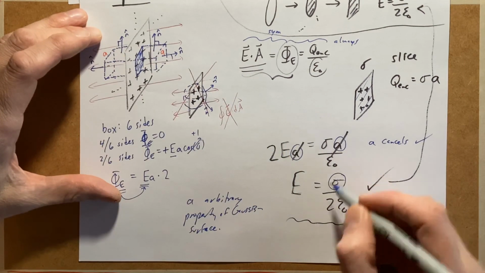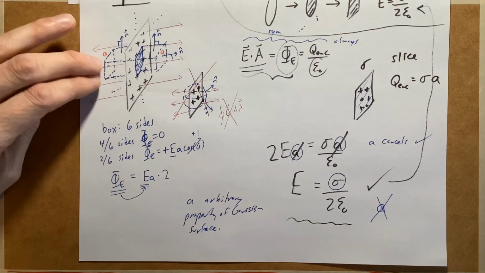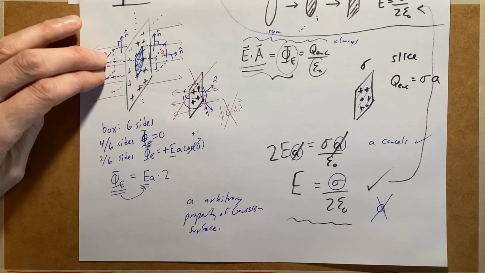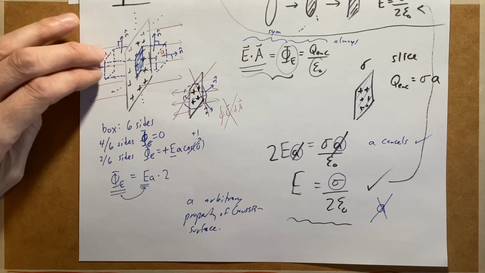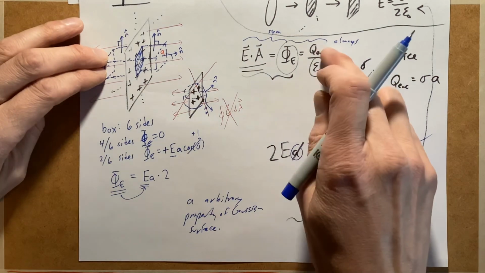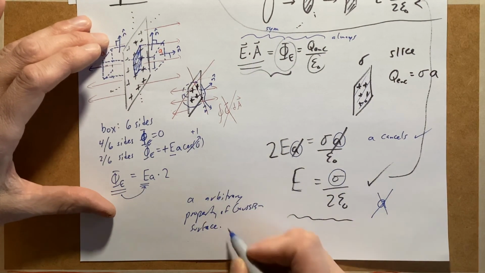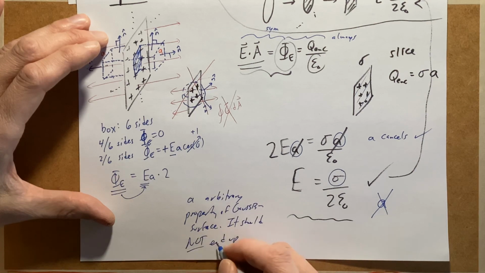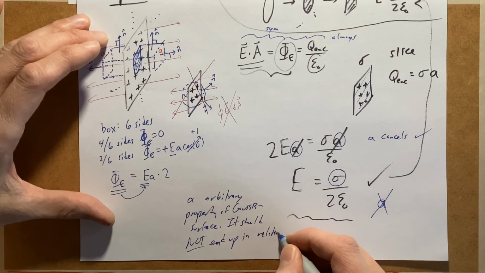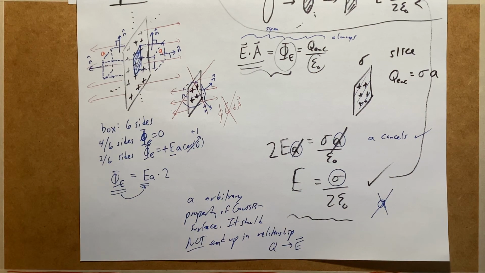It's a sigma infinite plane, and it makes a field whether or not we're coming around to use Gauss's law or anything to determine that field. Gauss's law is just a tool, so we put this box in here to sample it and relate the charge to the field, but afterwards we clean up after ourselves. A is an arbitrary property of the Gaussian surface. It should not end up in the relationship between the charge and the field that it makes, okay? That would be strange, okay?